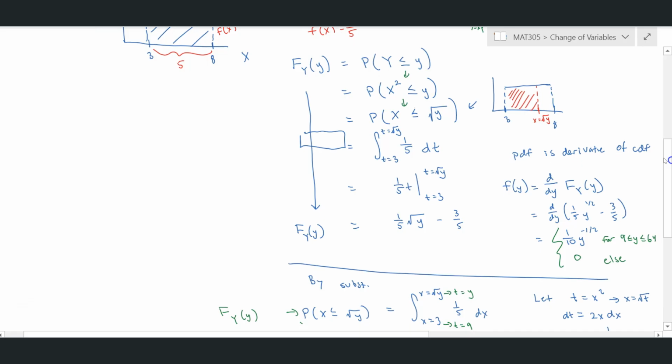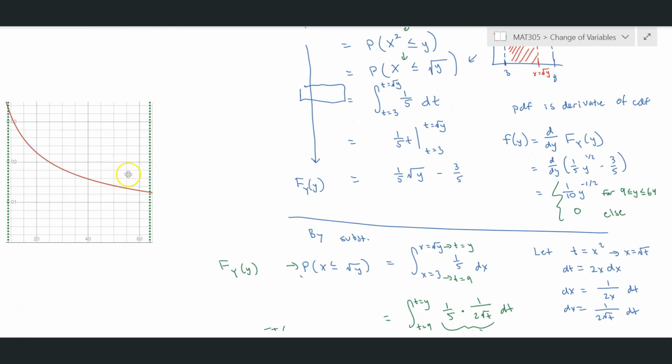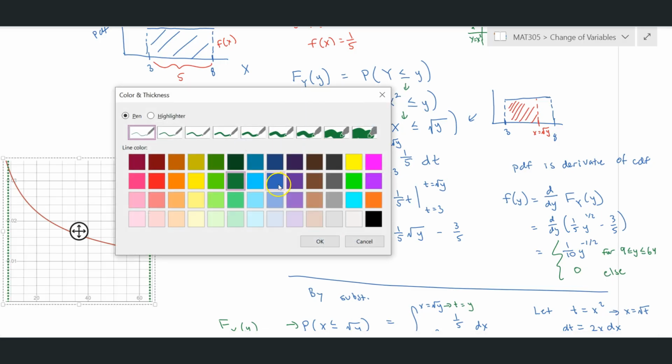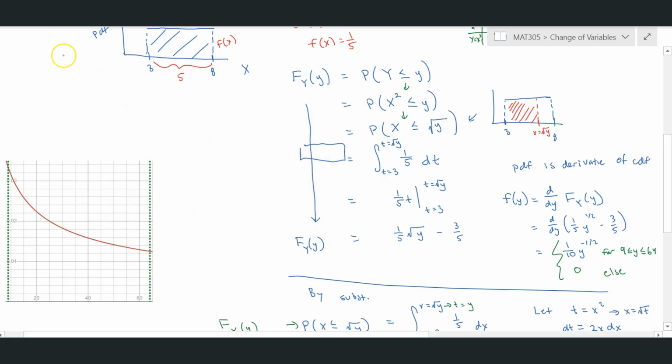Now, as just a comparison, I wanted to go ahead and paste this PDF so that you could see that the PDF of x started off as a uniform distribution, and now down here we have the PDF of y. As you can see, it's defined on the support from y equals 9 to y equals 64.